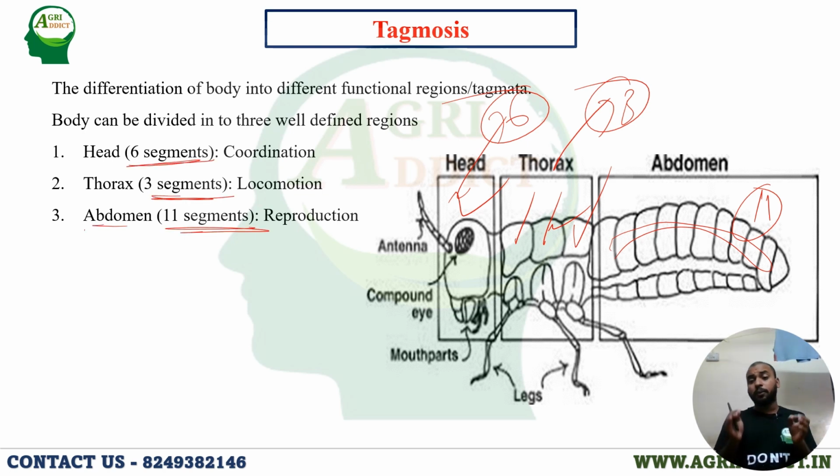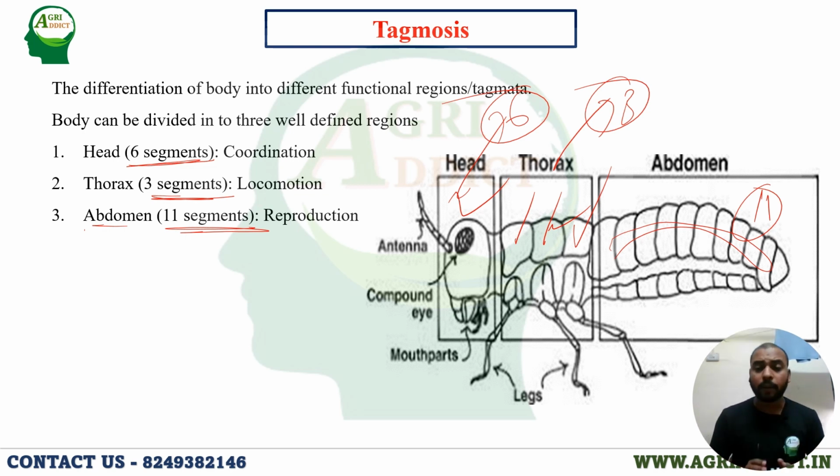So what are the main functions? The main function of the head is coordination. Coordination means the antenna is there, the brain is there, everything is there. So for coordination purposes only, the head mainly functions. But what is the main function of the thorax? Thorax means legs and wings are there. Legs are used for locomotion, and wings are used for migrating from one place to another, that is for flying. So mostly the main function of the thorax is locomotion.